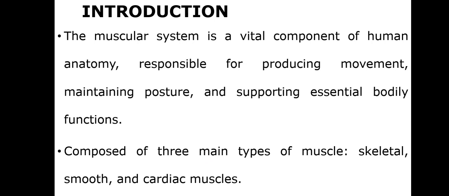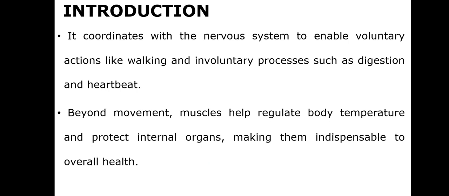It's also important for you to know that besides the common skeletal muscles that you know, there are also smooth muscles and cardiac muscles. All right? These muscles coordinate with the nervous system to enable voluntary action such as walking.